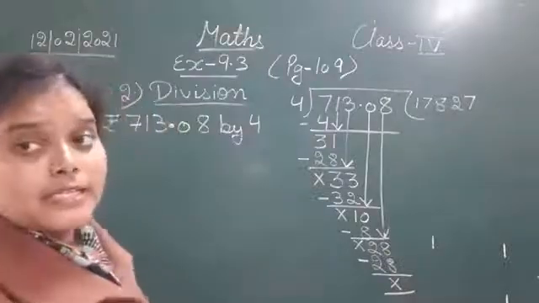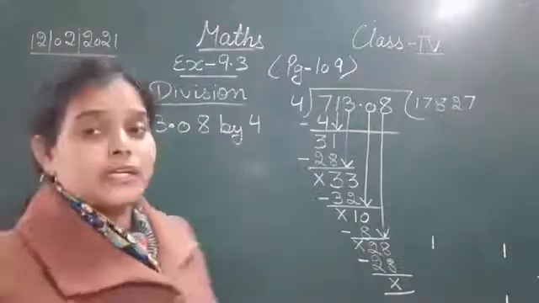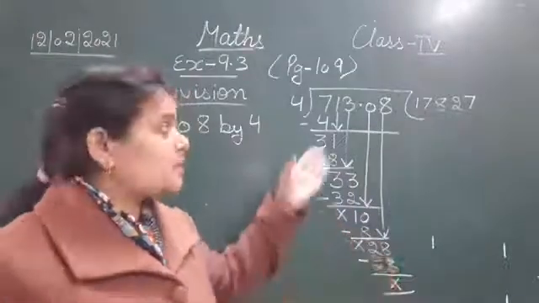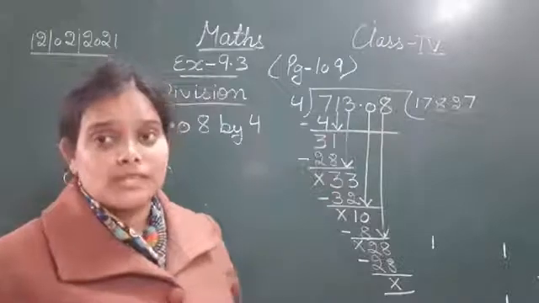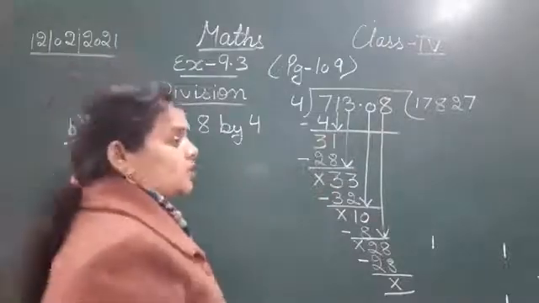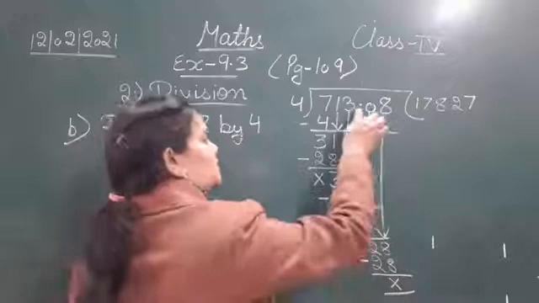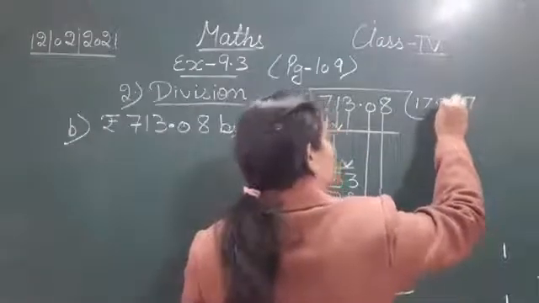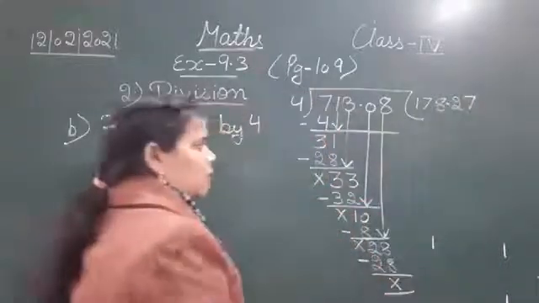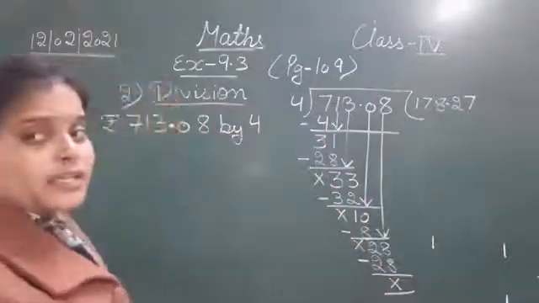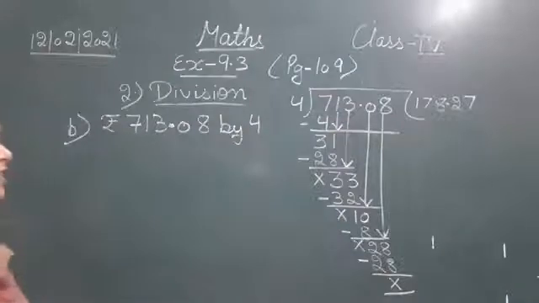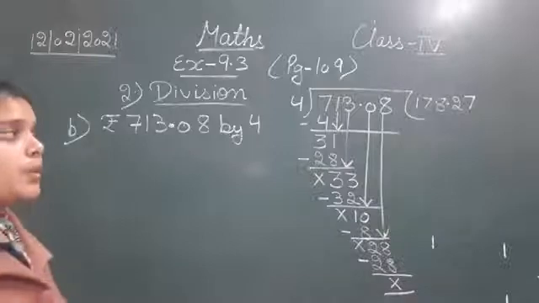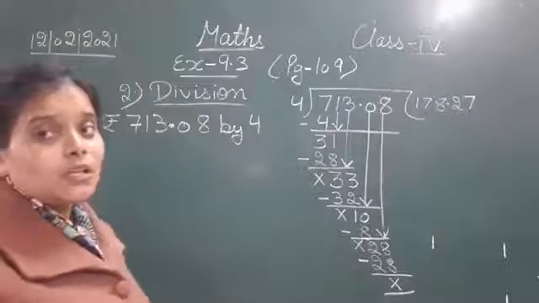Now we have done the division, but we have not got the answer yet, because we need to put the decimal point. In the question again we have 2 digits after the decimal. So here also, after leaving 2 digits at the back, we will put a decimal here. Now the answer we got after dividing 713 rupees 8 paise by 4 is 178 rupees and 27 paise.